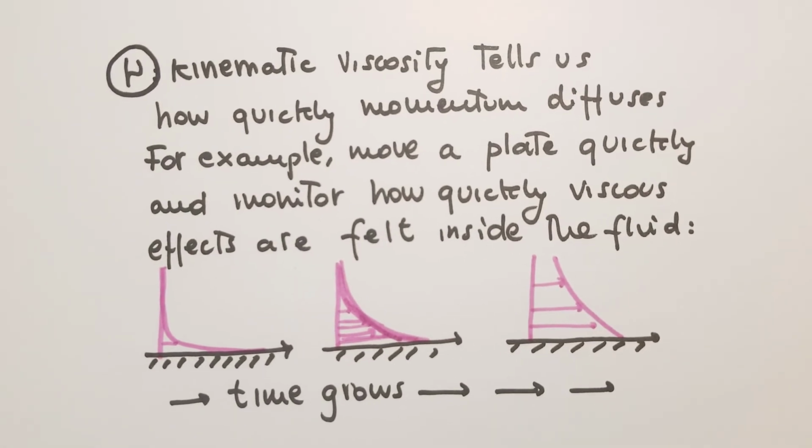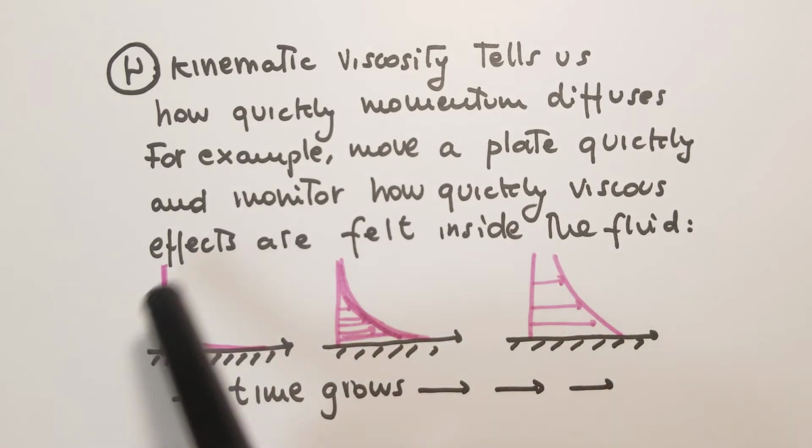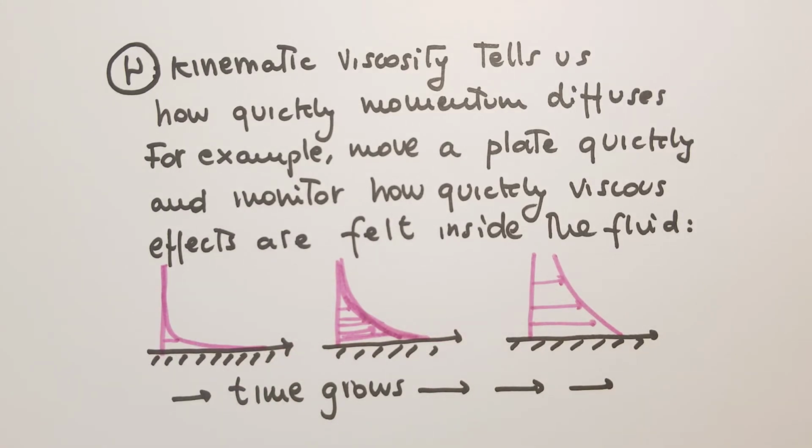First, we have to remind ourselves the physical significance of the kinematic viscosity. So the kinematic viscosity of a fluid tells us how quickly momentum diffuses because of viscous effects. So for example, let's take the case of a plate that is suddenly put into motion in a still fluid. And at different times, we can sketch the velocity profile.